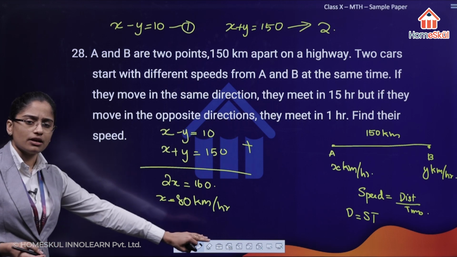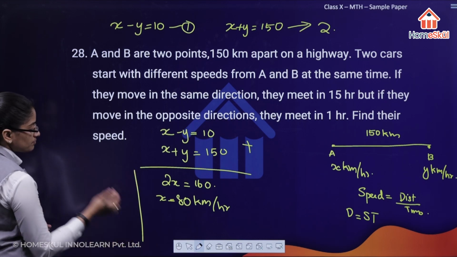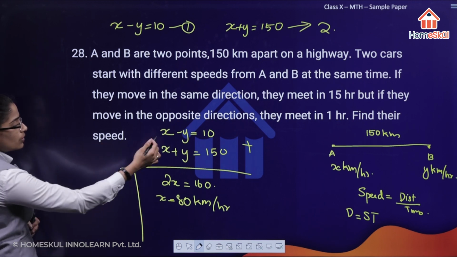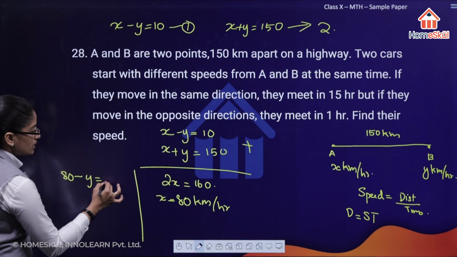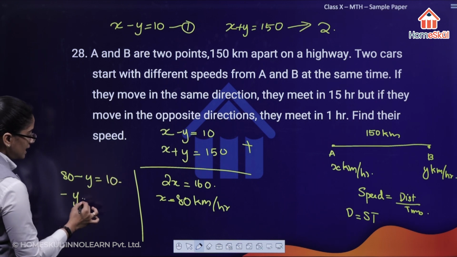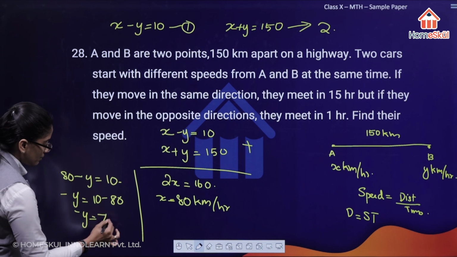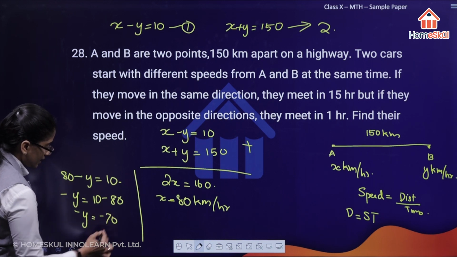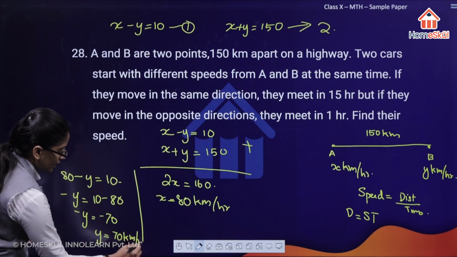The speed of the car started from point A is 80 kilometer per hour. What about the speed of the car started from B? Substituting the value in this equation, 80 minus y is equal to 10. That is, minus y is equal to 10 minus 80, minus y is equal to minus 70. That is, y is equal to 70 kilometer per hour, right?